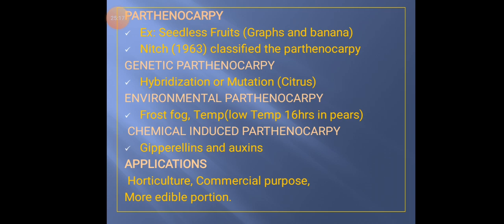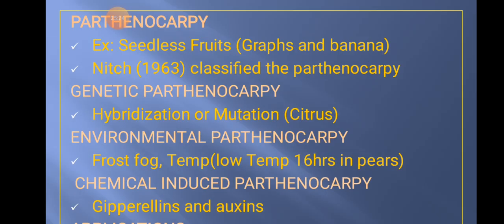Then the next one, the last topic, parthenocarpy. We all know fertilization, the last class topic. Fertilization means the male gametes and the female egg fuse and produce a zygote. That is the fertilization process.